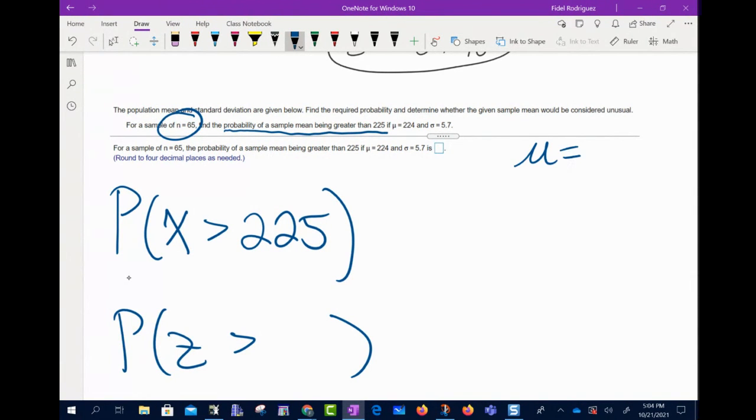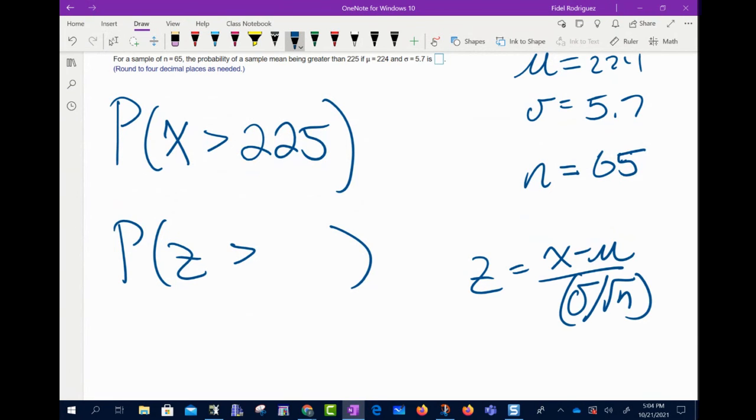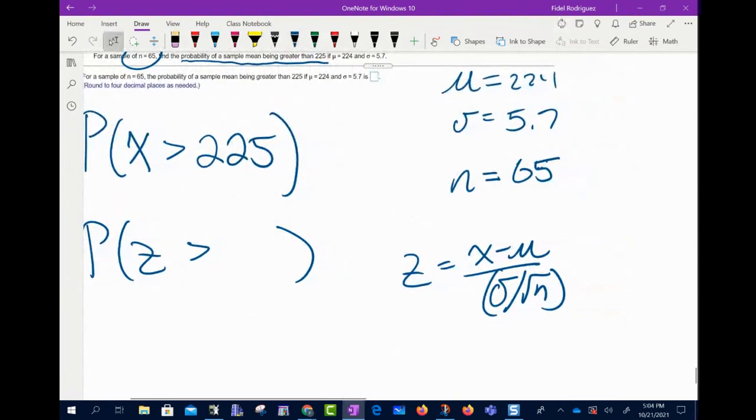Number one, my mu is 224, and my sigma is 5.7, and we know that our n in this case was 65. The z-score is going to be similar to what we did before: x minus mu over sigma divided by the square root of n. That's the only part that's really different here.